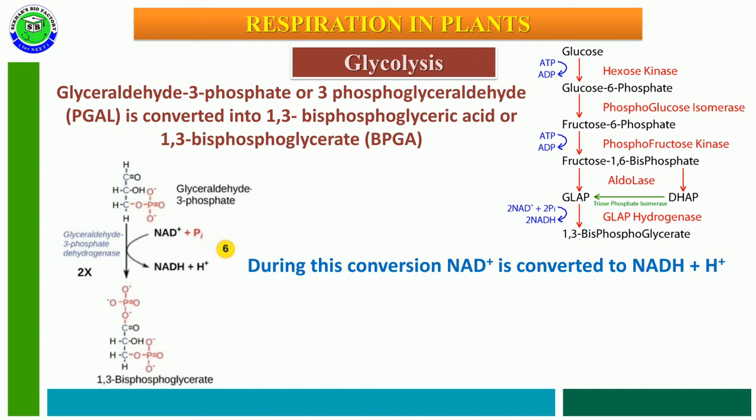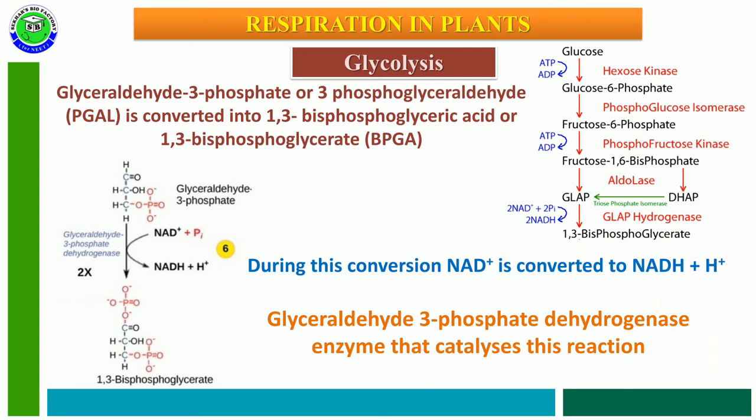During this reaction, we can observe there is a synthesis of NADH plus H plus from NAD plus. So totally two molecules of NADH plus H plus are formed in this reaction, and this reaction is catalyzed by an enzyme called glyceraldehyde 3-phosphate dehydrogenase enzyme.